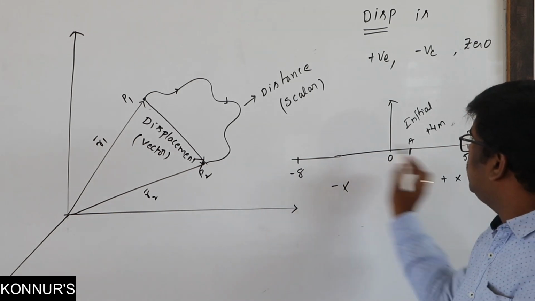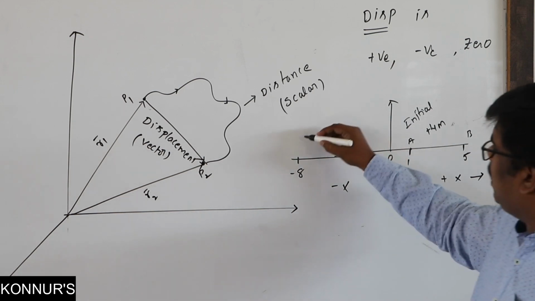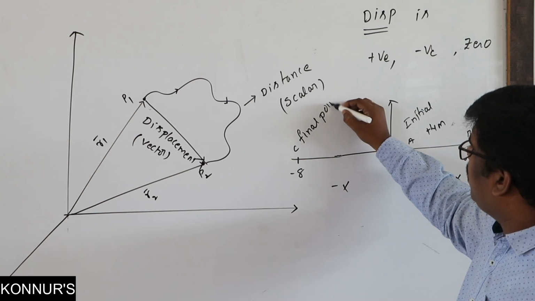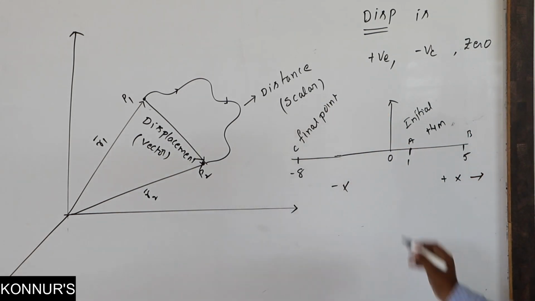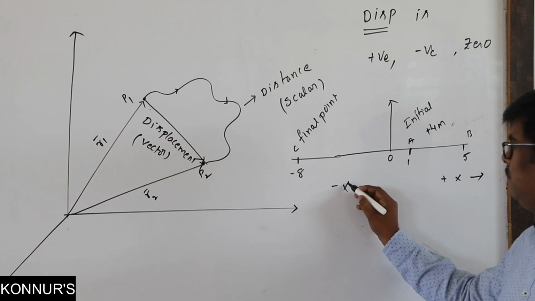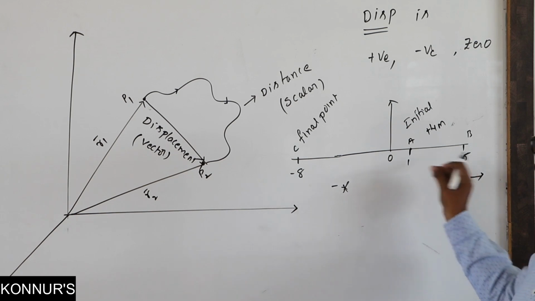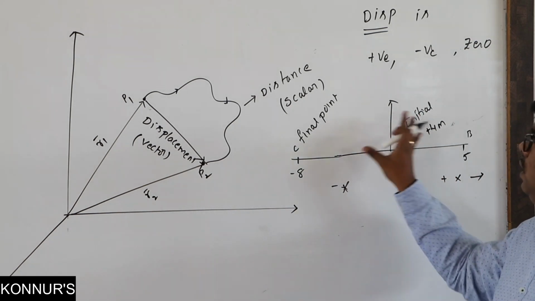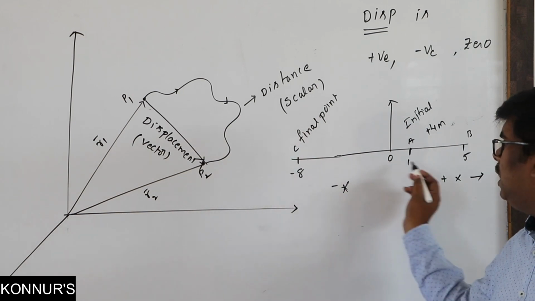Then what is the displacement? Now the final point is C and the initial point is here. From the initial point to the final point, the shortest distance is nothing but the displacement, which is towards the negative x-axis.